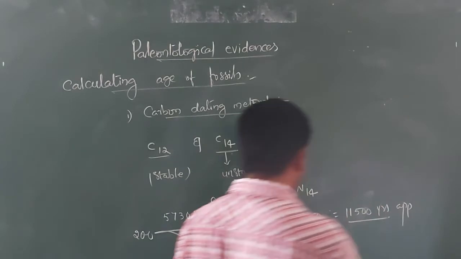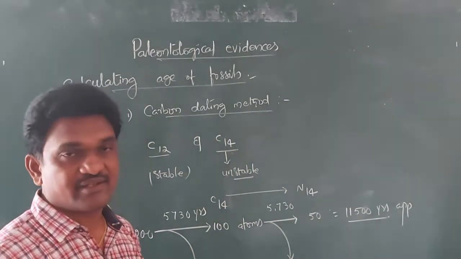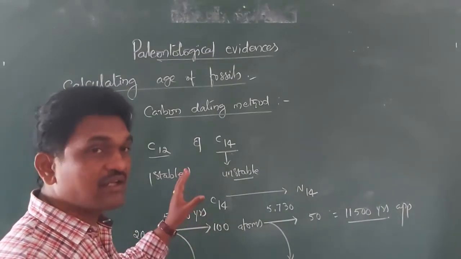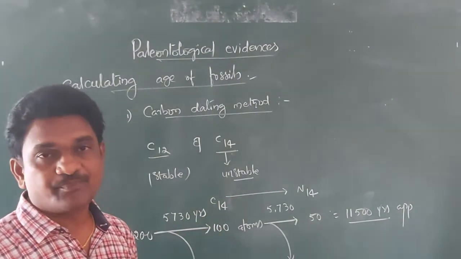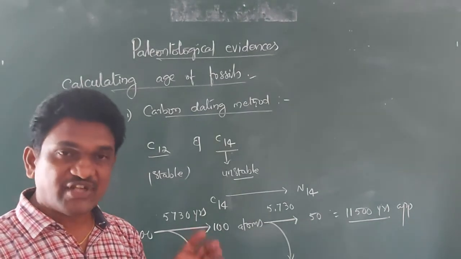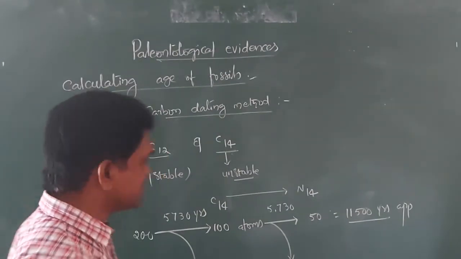So what was the age of the fossil? 11,500 years. In this manner, you can guess the age of the fossil based on carbon 14. How much carbon 14 is converted into nitrogen 14? Based on that, you can guess.